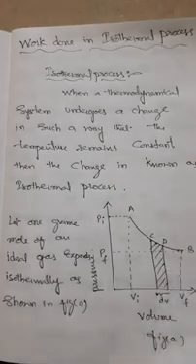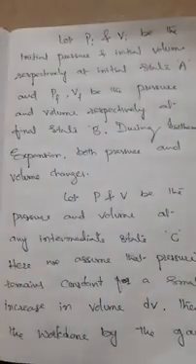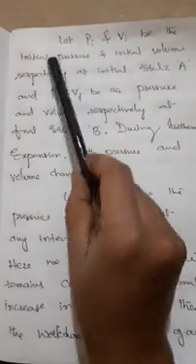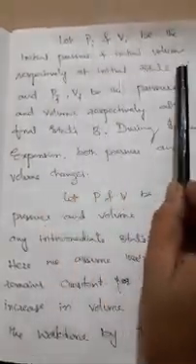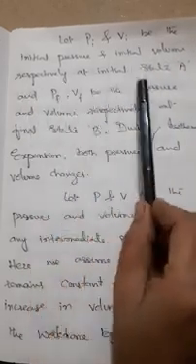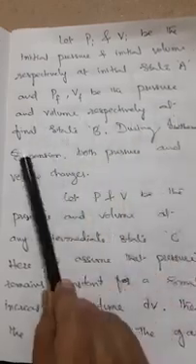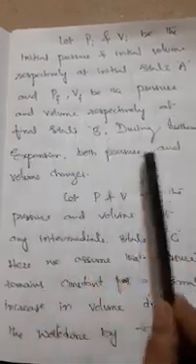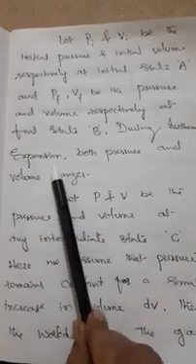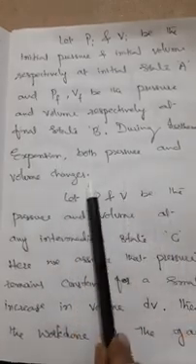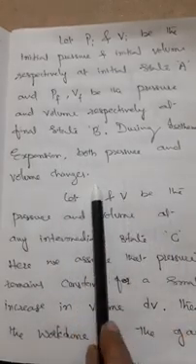For that purpose, first of all we have to write some points. Let Pi and Vi be the initial pressure and initial volume respectively at initial state A, and Pf and Vf be the pressure and volume respectively at final state B. Next, during isothermal expansion, both pressure and volume change, while temperature remains constant.